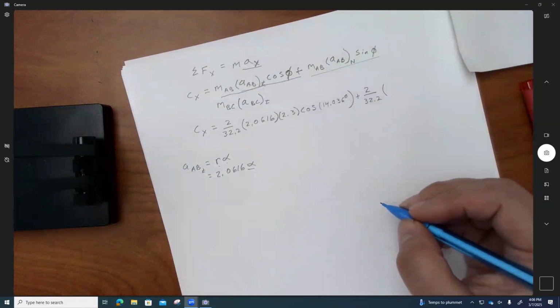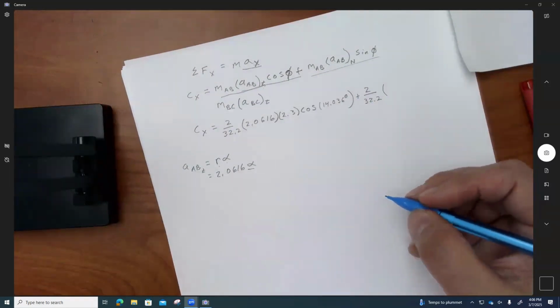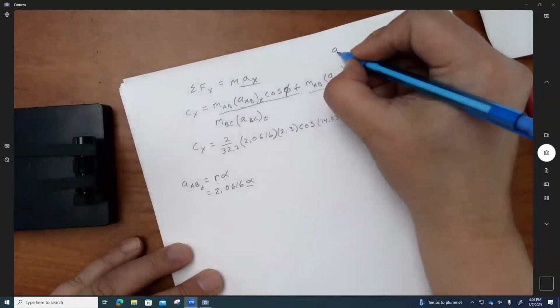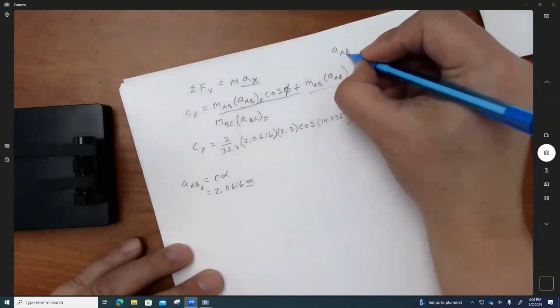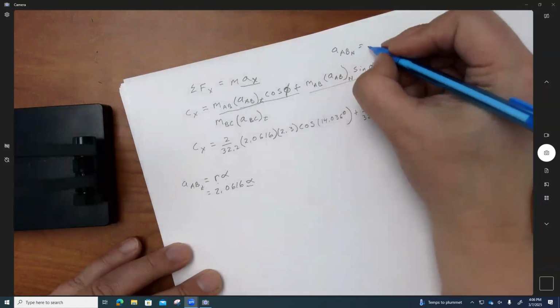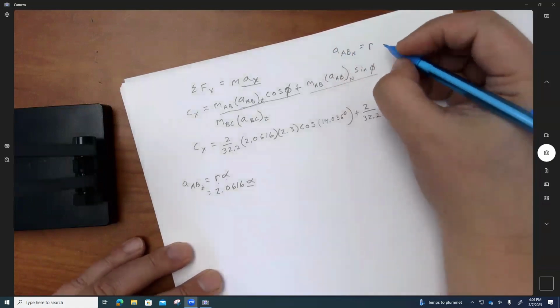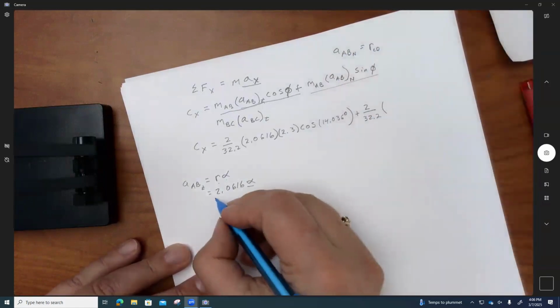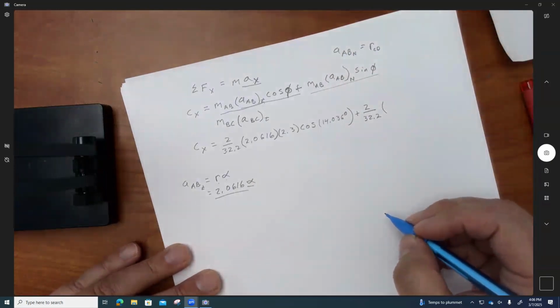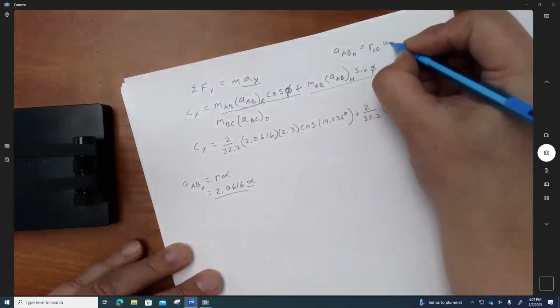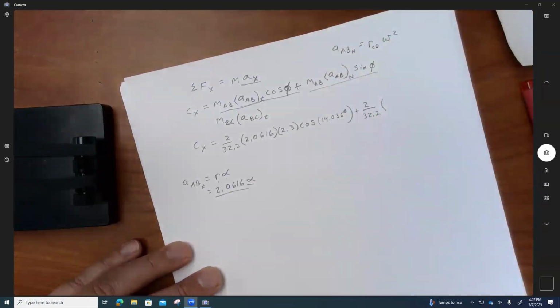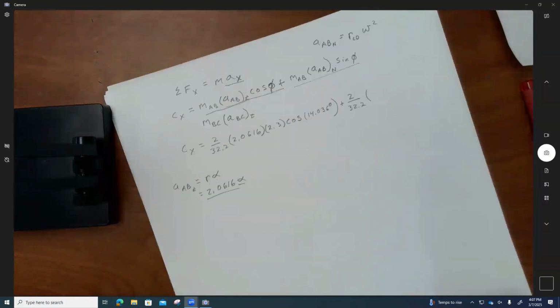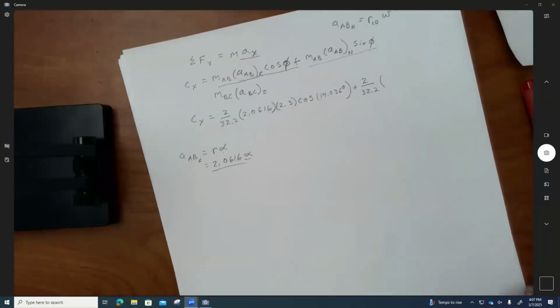And we know that our normal component of AB in the normal direction is going to be R of C to D again, so that CD distance, we're still at that R component, and we're going to have omega squared. Oh, so now we've got an omega term to figure out. What are we going to do with that?